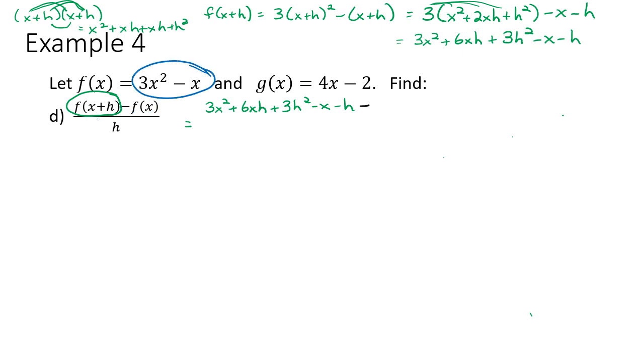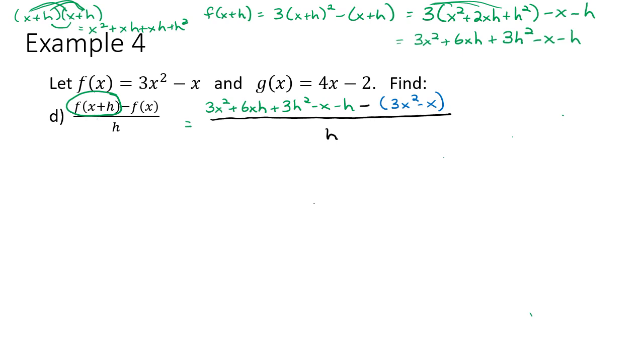That's just the function itself, 3x squared minus x. But it is minus the whole thing. So minus all of 3x squared minus x. And all of this is still over h, which is a variable. We just have to carry it through as h. It'll be part of our final answer.